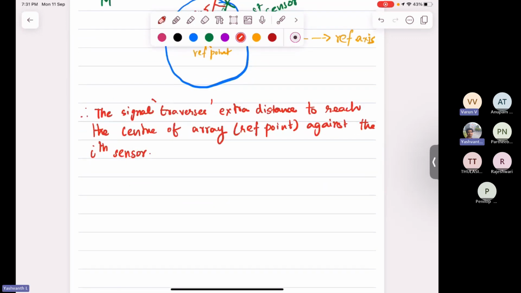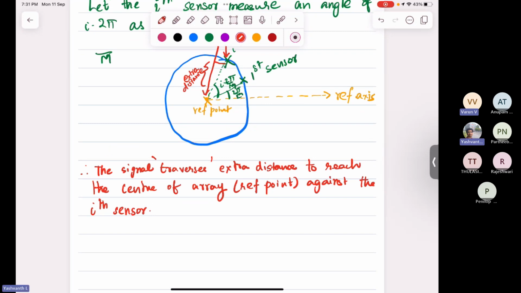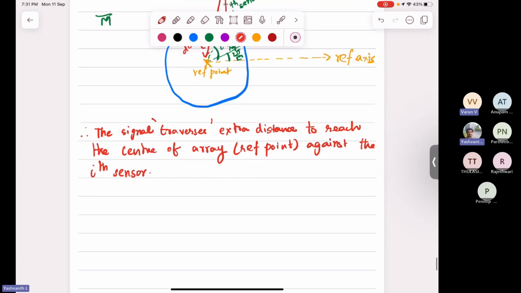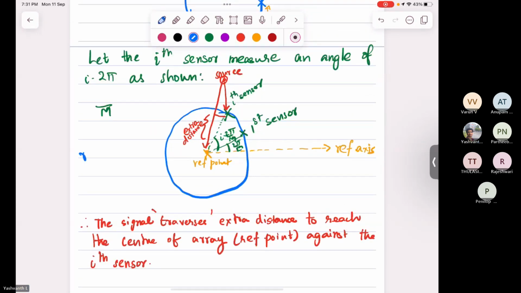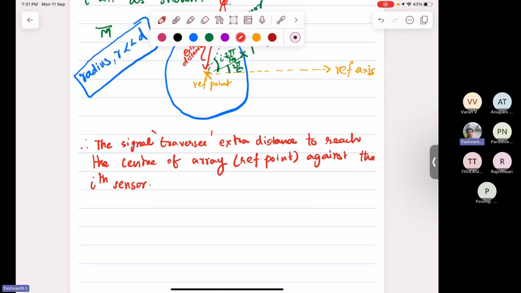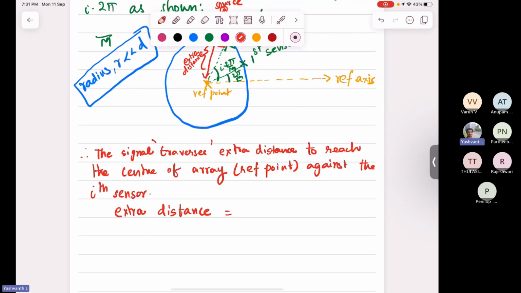Here the radius is much less than the distance of propagation. Correct, that ensures the far field assumption. I can write that down: the radius r is much less than d. Now this extra distance, call it s_i, because I'm using d to represent something else.